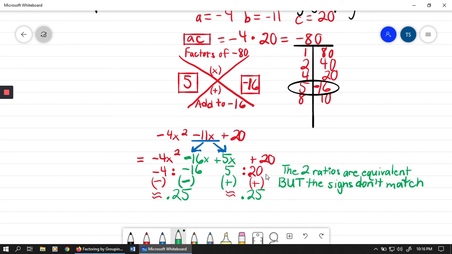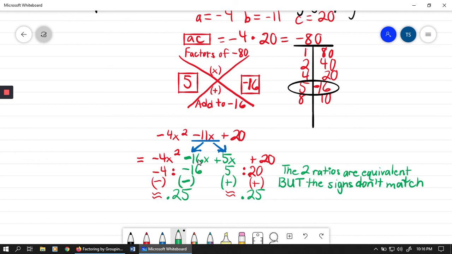I have switched these 2 middle terms, and the parts that I now have written in green, I've switched because there's a certain point I'm trying to make here about what happens when your two ratios are equivalent but your signs don't match up.